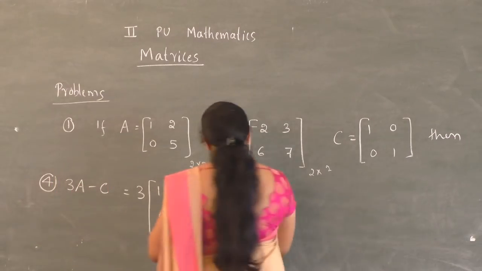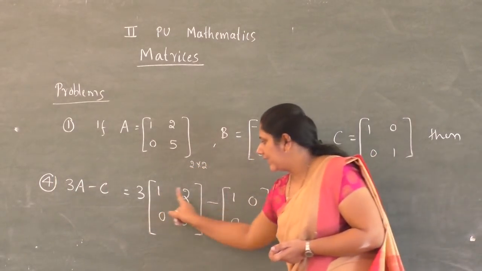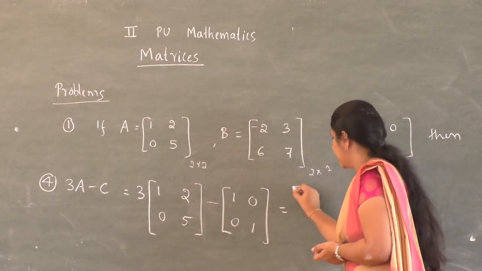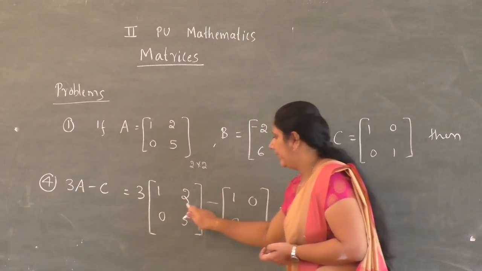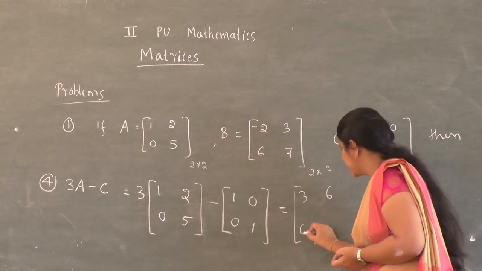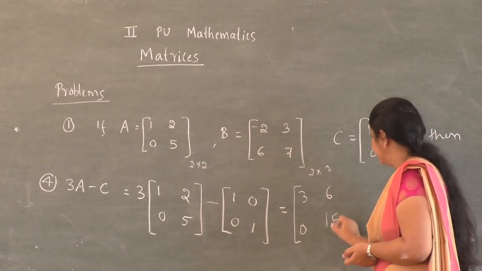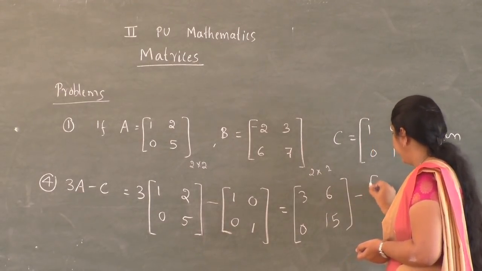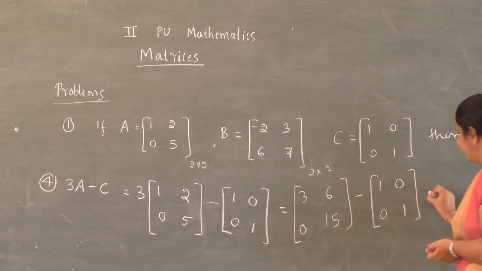So 3 into A, that is you have to multiply 3 to each and every element of A. So the resultant matrix is 3 into 1, 3, 3 into 2, 6, 3 into 0, 0, and 3 into 5, that is 15, minus C, that is 1, 0, 0, 1.